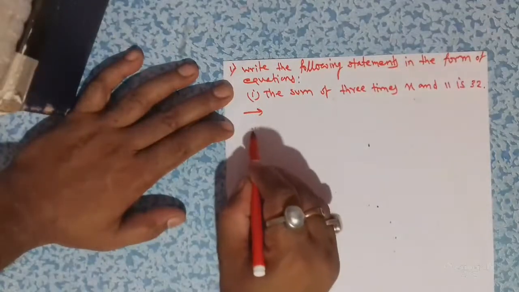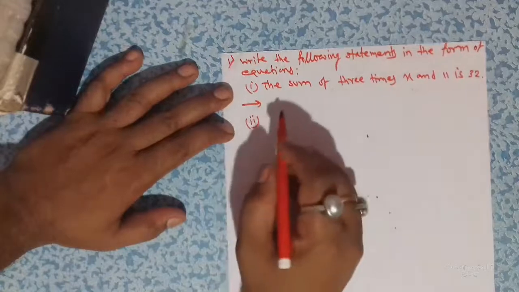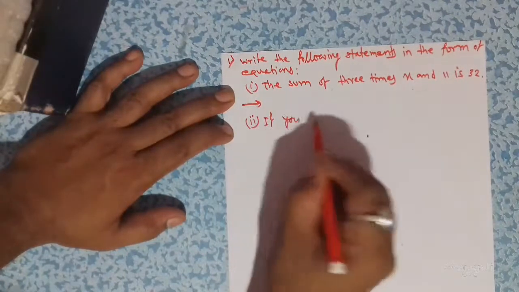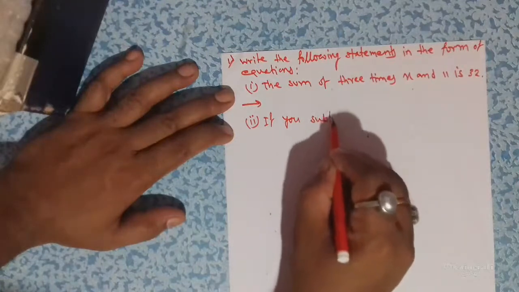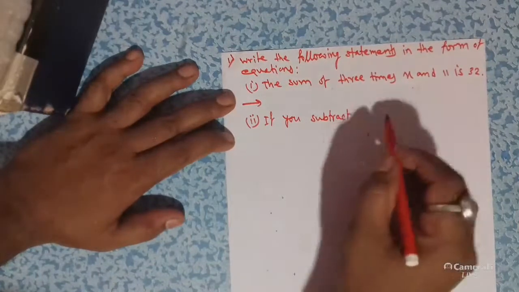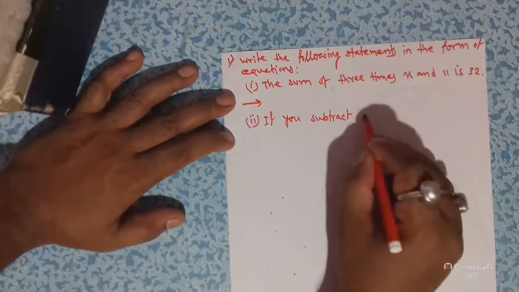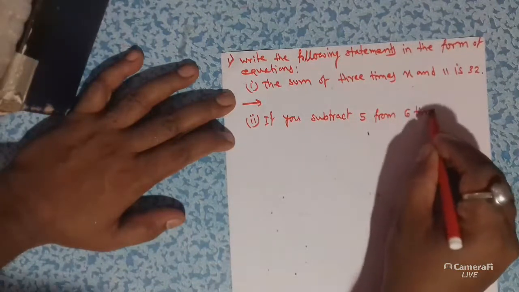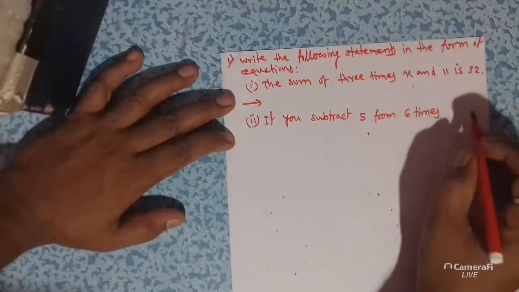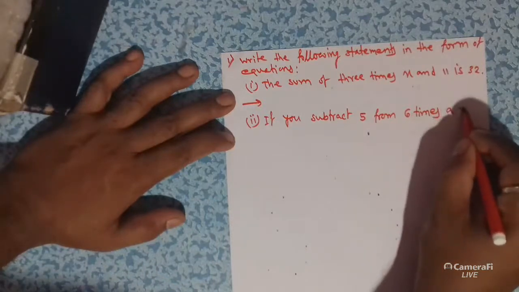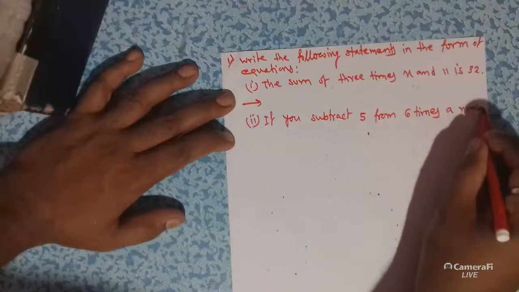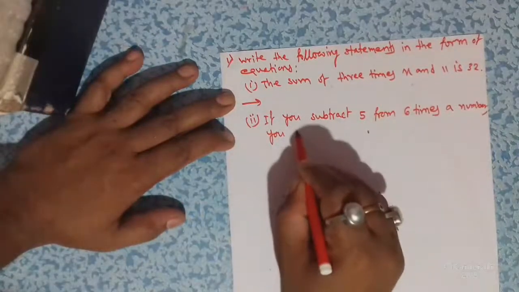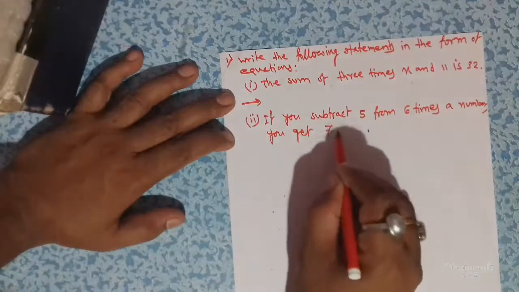And second, if you subtract 5 from 6 times a number, you get 7.